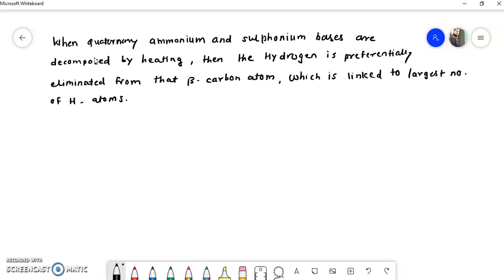Now in the previous example, there was no option of two beta carbons, but now we will take one example where there are two options.